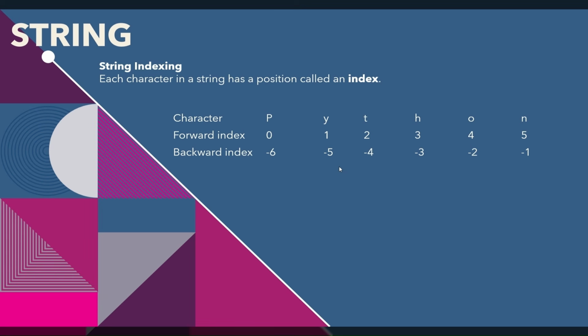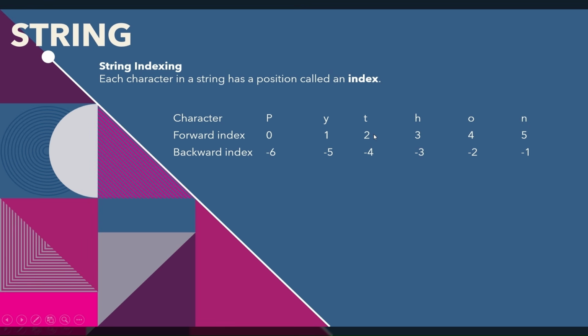If I write any string, example over here is Python, I can start the forward index from 0 and move it as the length of the string. So P will be at index 0, Y would be at index 1, T would be at index 2, H would be at index 3, O at 4, and N at 5.